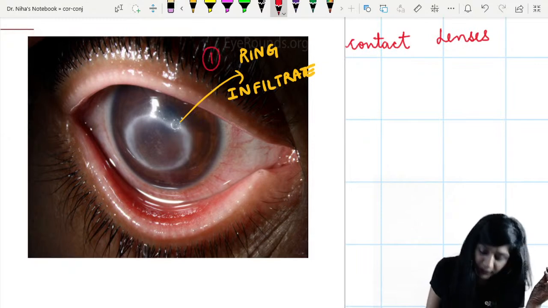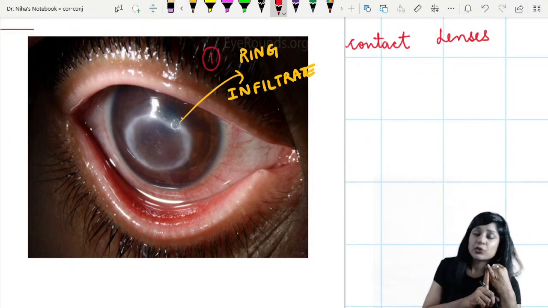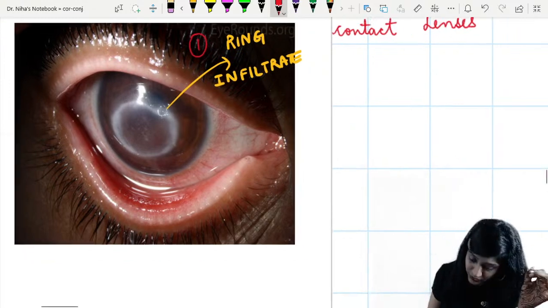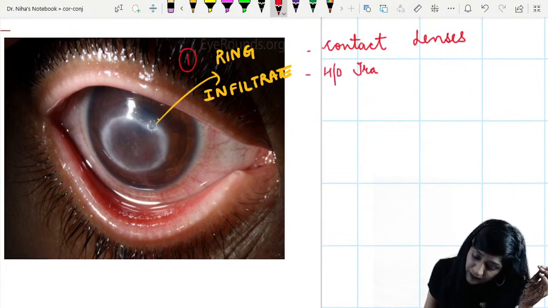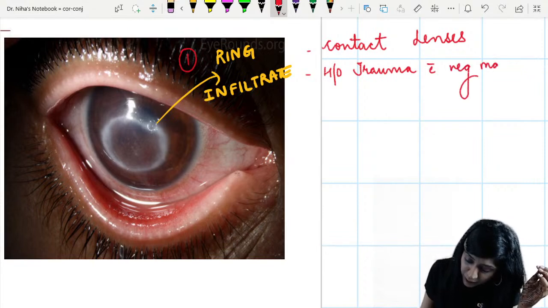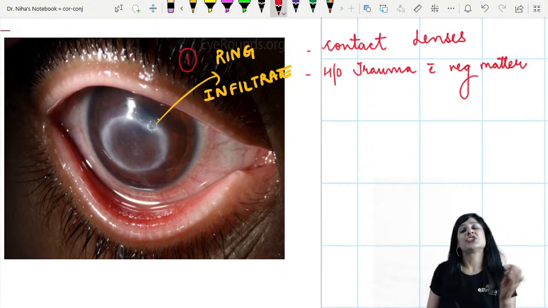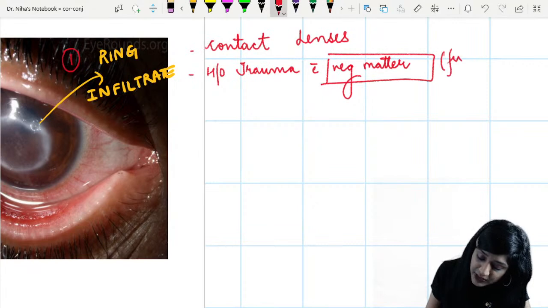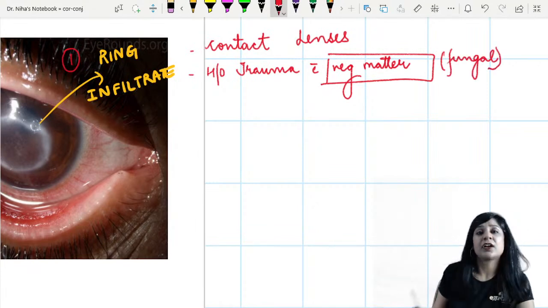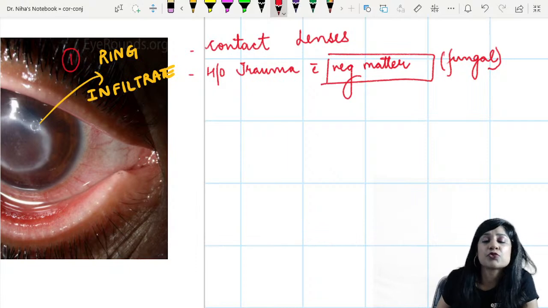So first of all, if you are getting a ring infiltrate, you are getting a history of contact lens use. Then you are getting a history of trauma with vegetative matter. Now, with vegetative matter we confuse it with the fungal ulcer, because fungal ulcers are also caused by trauma with vegetative matter, but here we will have to differentiate it.